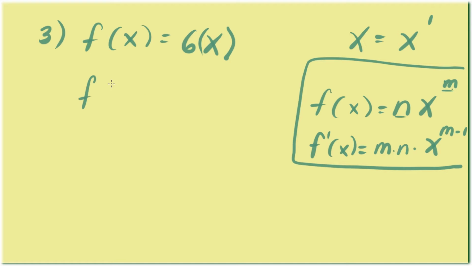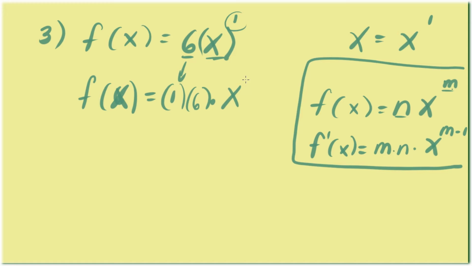Now we have a constant 6, or coefficient 6, over here, but we also have a variable x. Because this is just a constant, and we know that the exponent of x is 1, using this power rule, we can multiply that 1 and 6. So 1 times 6, and then times that variable x raised to 1, and according to the rule, you take away 1.